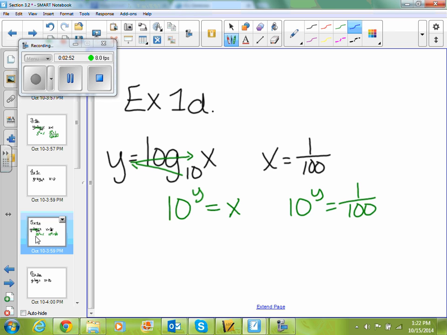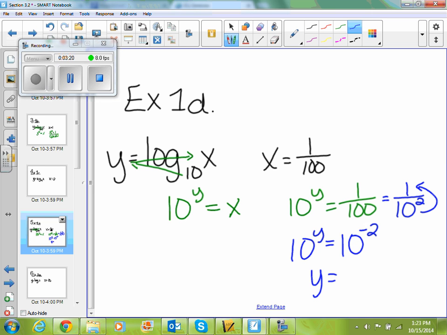So if I want to get bases of 10, what exponent do I need to use with 10 to make it 100? Squared, right? So 2. Okay, and then if I bring that up to the top, what happens to my exponent? It becomes negative. So I know that 10 to the negative 2 is the same thing as 1 over 100. So I get 10 to the y equals 10 to the negative 2, which tells me that y equals negative 2.